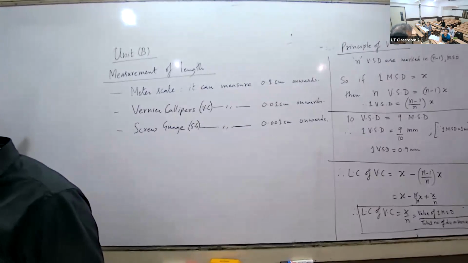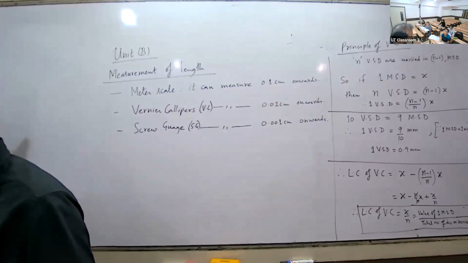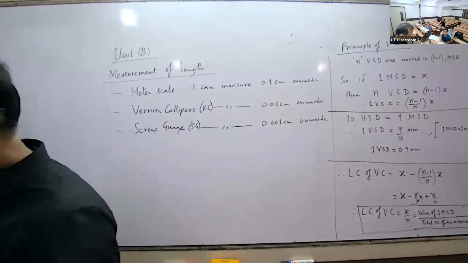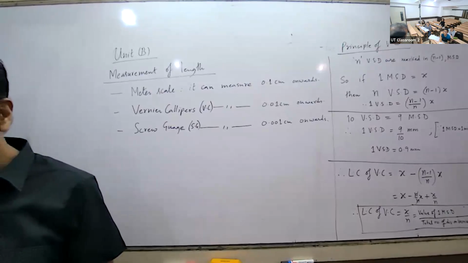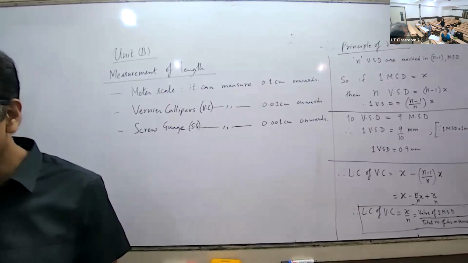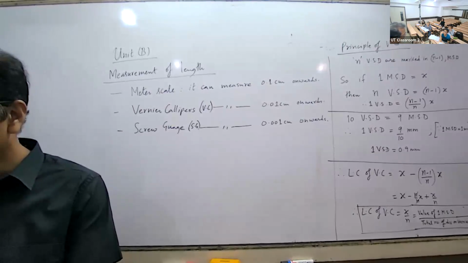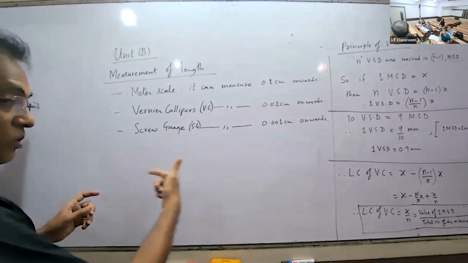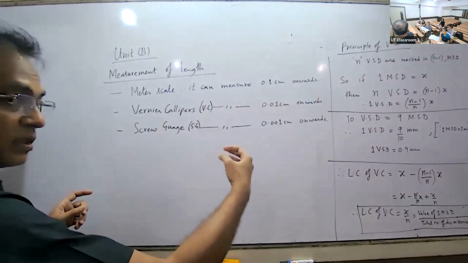If you want to increase the precision, you can have more and more divisions. What is the principle of the screw? If you rotate the screw, it travels linearly. When you tighten the screw, it will go left. When you release, it will go right.